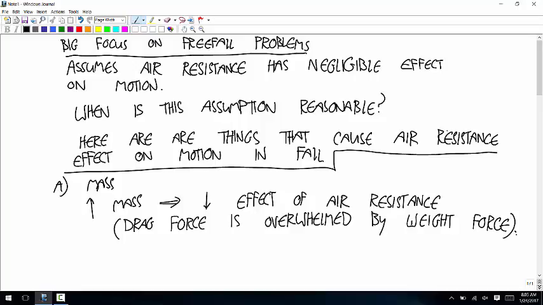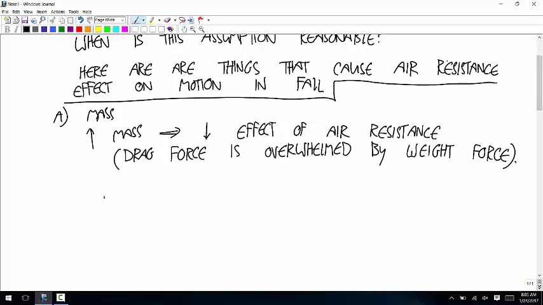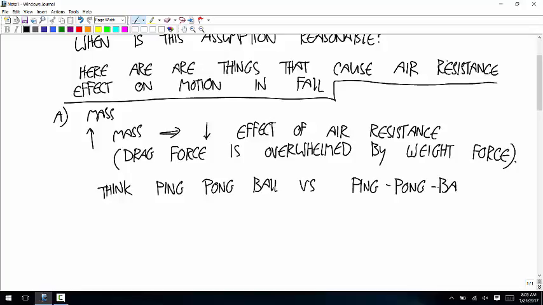So if you're thinking about two objects that have different masses and everything else stays the same, think of a ping pong ball versus a ping pong ball sized piece of steel ball.